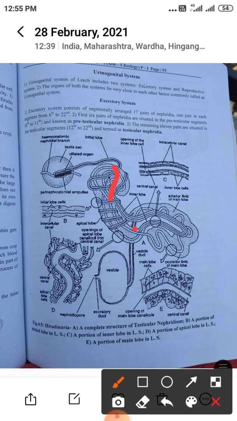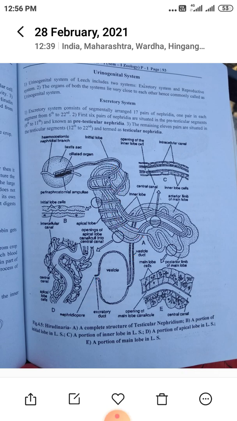From the vesicle they are excreted out of the body through the nephridiopore, that is, from the excretory duct.